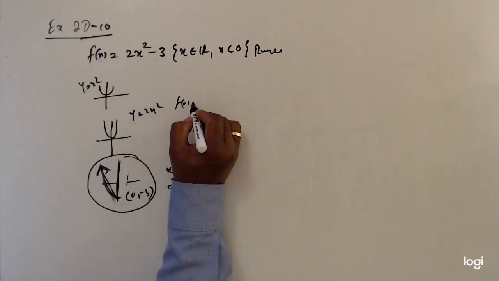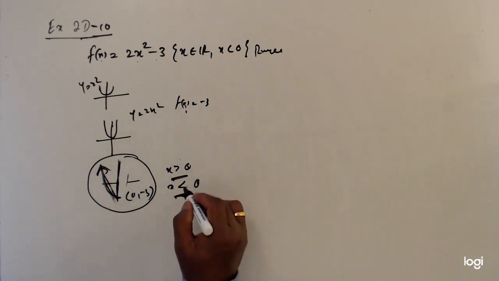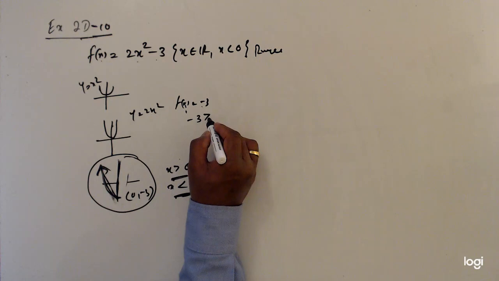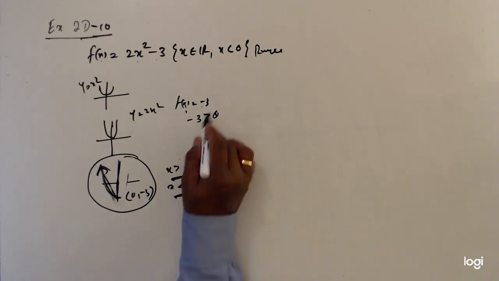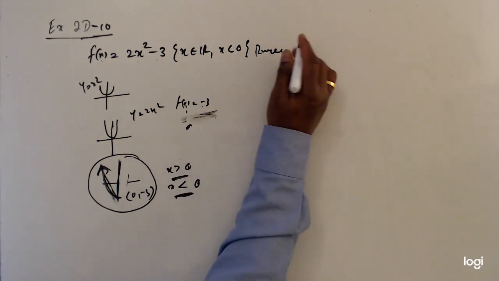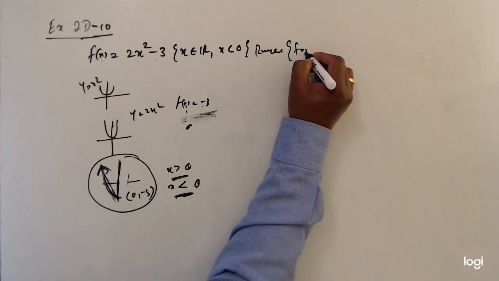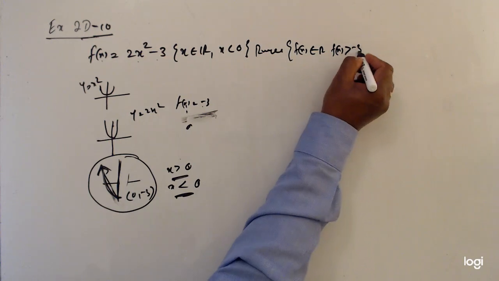F(0) is minus 3, but we can't get that value, so it has to be greater than minus 3. So f(x) is an element of the real numbers, and f(x) is greater than minus 3.